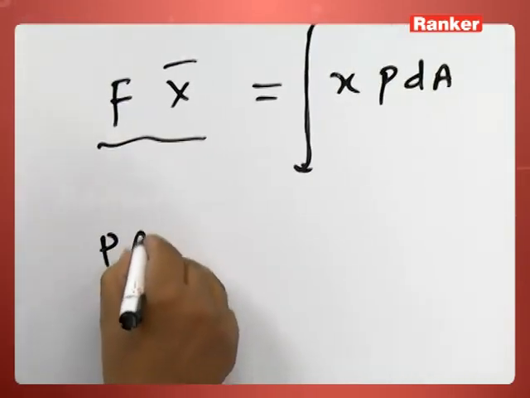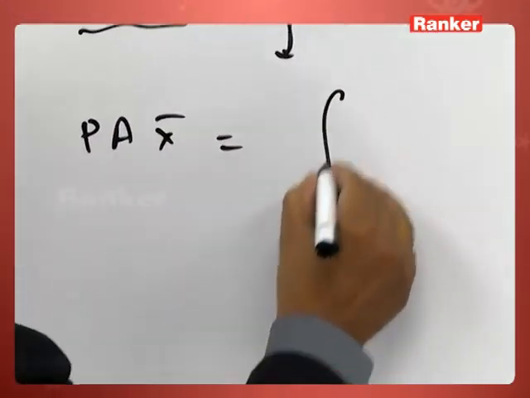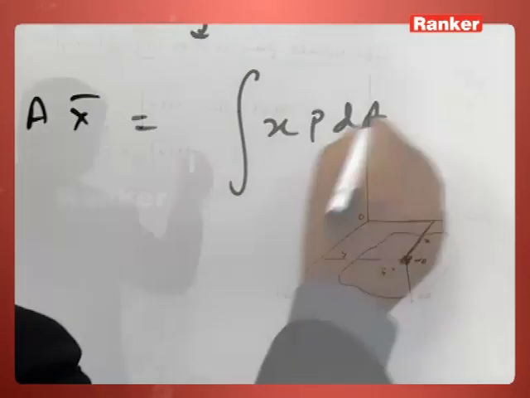So this is P into area into X bar is equal to integral X P dA.